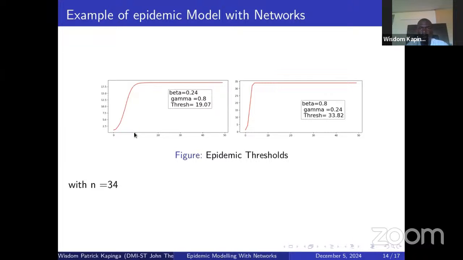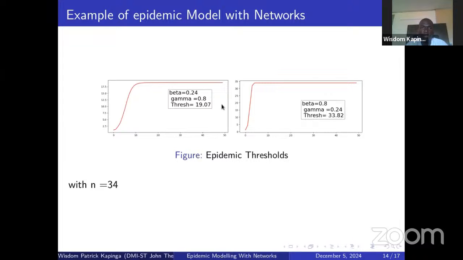And you see that that threshold will be reached after maybe 10 days, to say the disease will maybe die or stabilize after 10 days. And if you just interchange beta and gamma, that will now give you a threshold of 33.84, whereby the population is 34 and the threshold is 33.84, which means almost every individual will get infected.